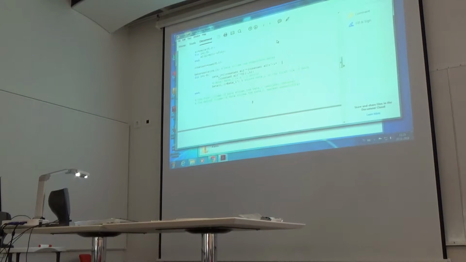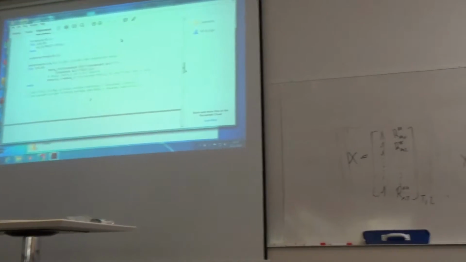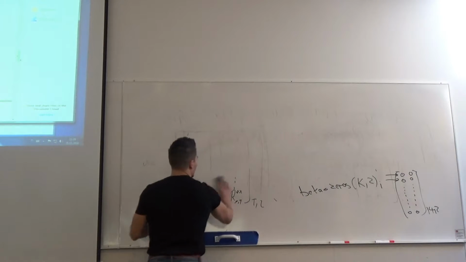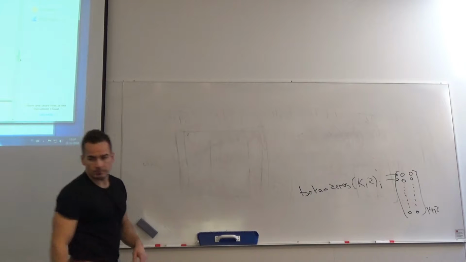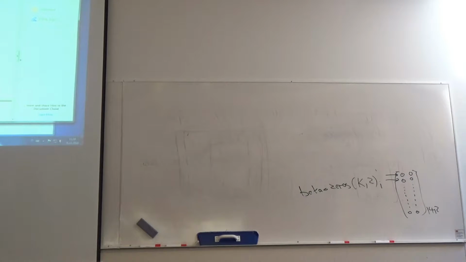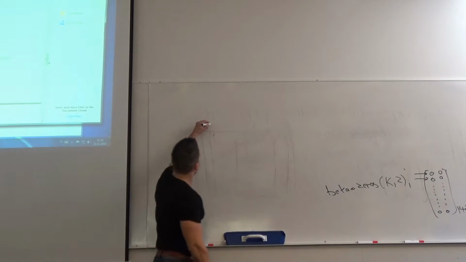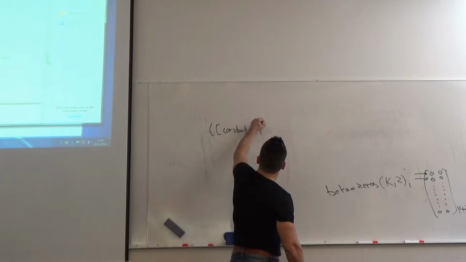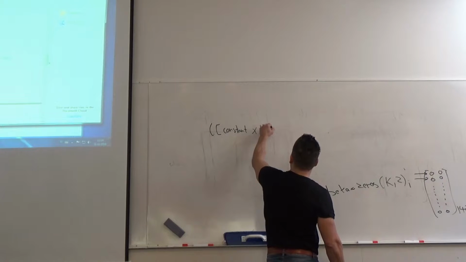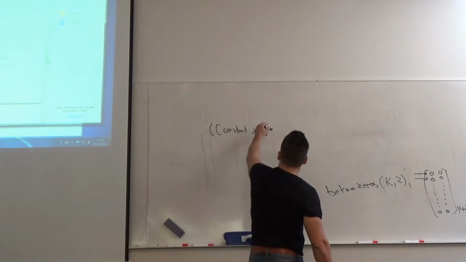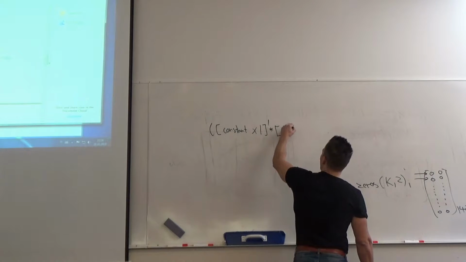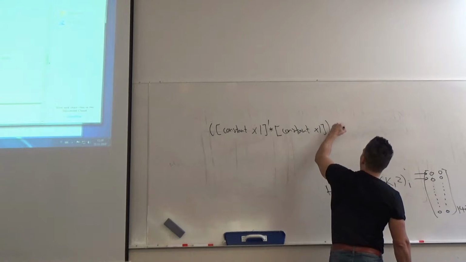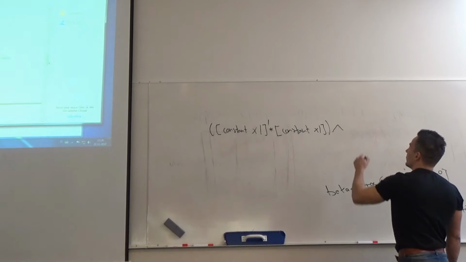What does that mean? Constant, x1 in brackets, times its transpose, times itself, and we have this inverse sign.